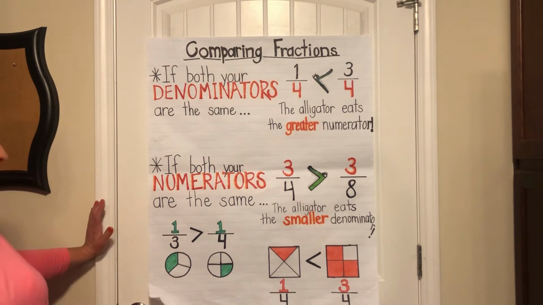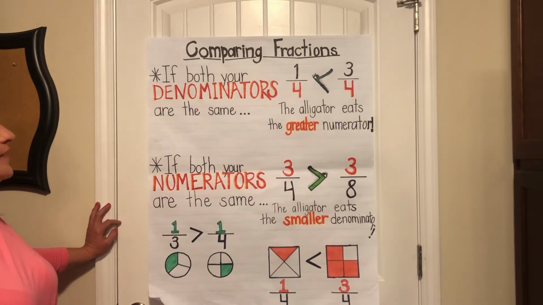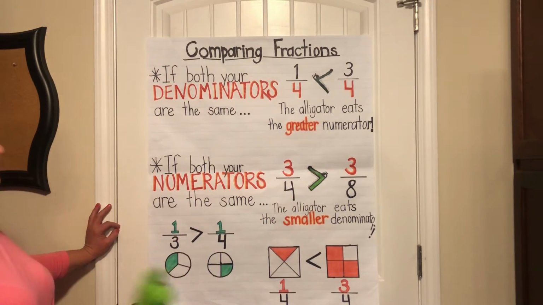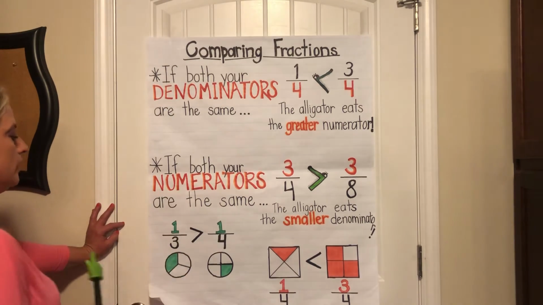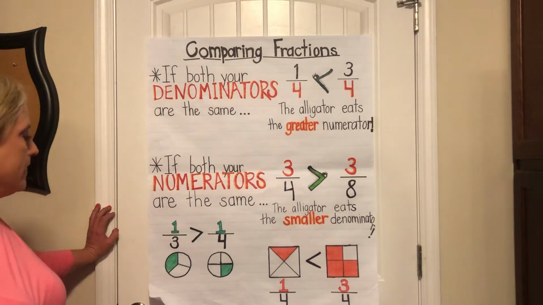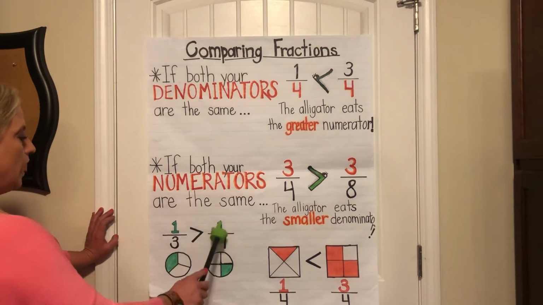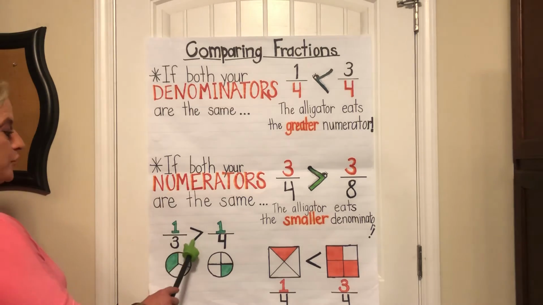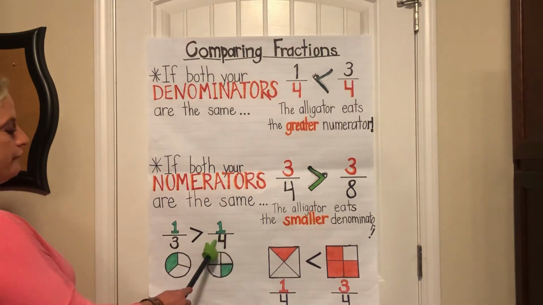Okay, so looking at this, we have the same numerator, right? Remember what we said. So we have the same numerator, 1 and 1. However, we have 2 different denominators, okay? So we have 1/3 and 1/4. So in this case, 1/3 is actually greater than 1/4.